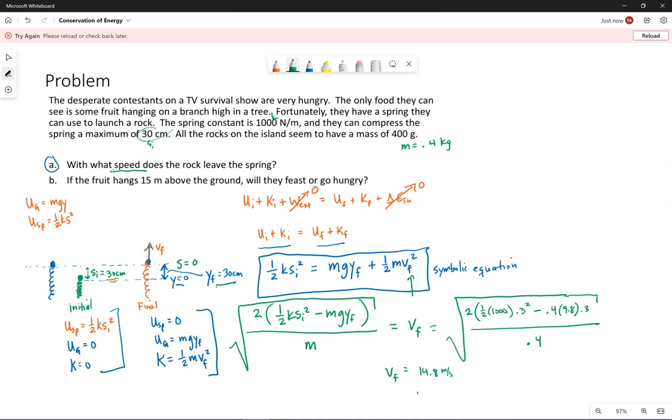So approximately 15 meters per second. So that's the answer to part A.